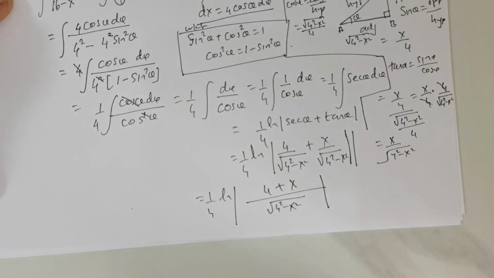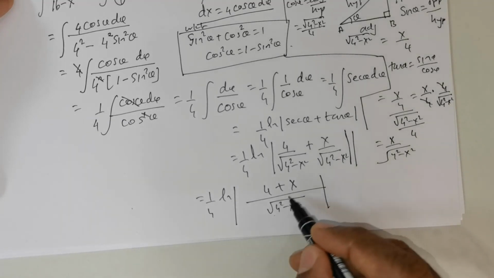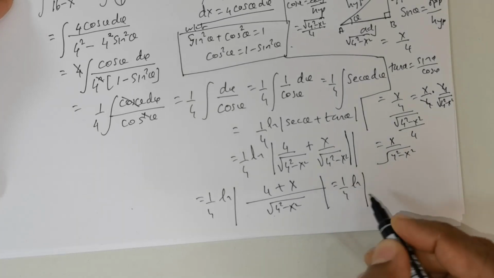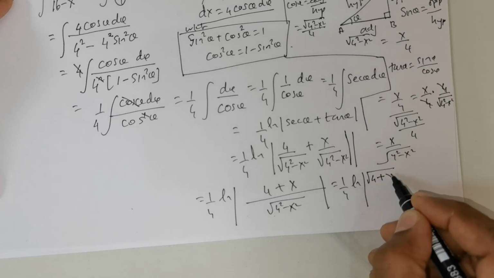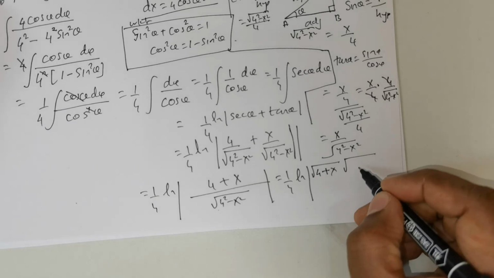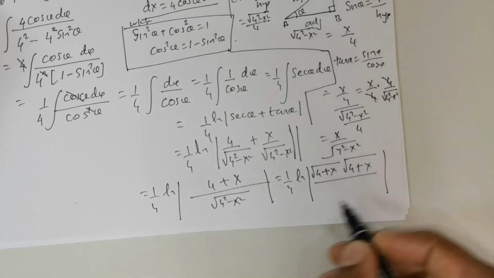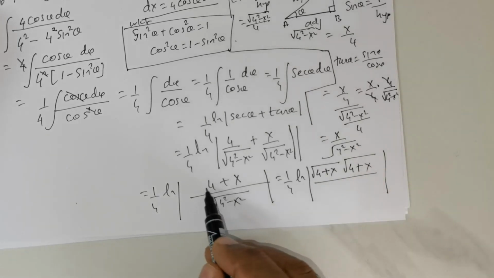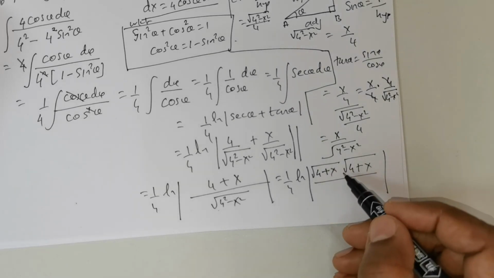Now you can actually rewrite this as 1 over 4 times ln. Can I write this as root of 4 plus x times square root of 4 plus x? Of course, root of 4 plus x times root of 4 plus x gives me 4 plus x because of the properties of square root.